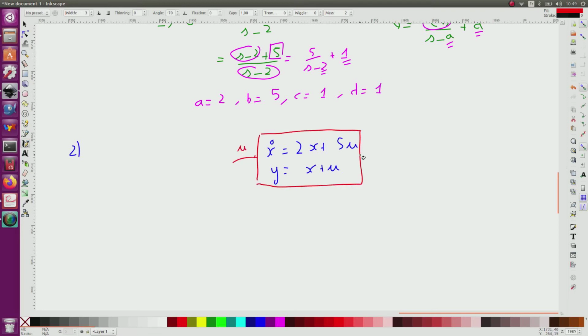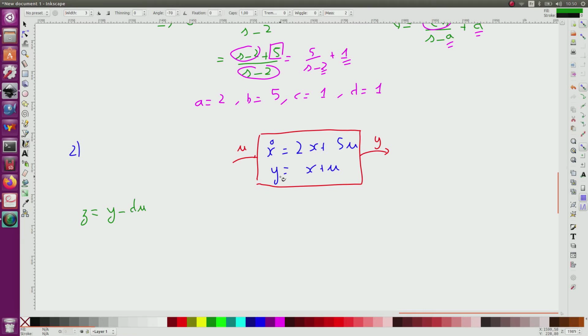In the exercise, it is output feedback, so I'm not allowed to take x inside. I am only allowed to touch around, so u and y, but not what I have inside. From this, to avoid the direct term, what I should do is to create a new output z, which is equal to y minus du, and we'll understand why. d is equal to 1.